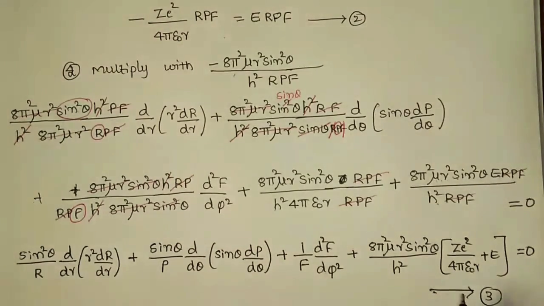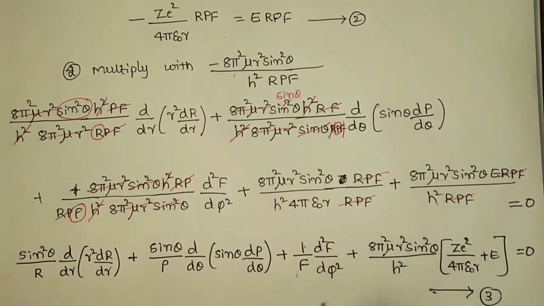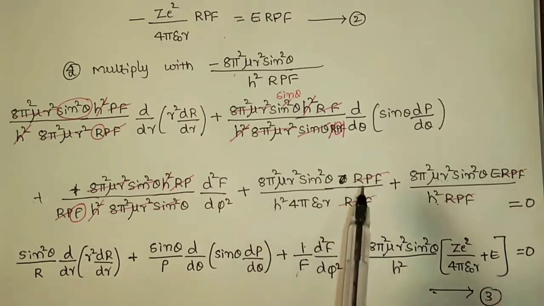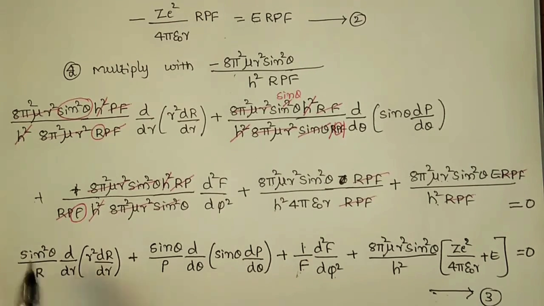And in this equation number 3, you can observe this term 1 by f d square f by d phi square got isolated. So it has only the f term. Previously we have written f of phi, so this term got isolated. But here you can observe sine square theta and r. Here we have radial and angular terms mixed.